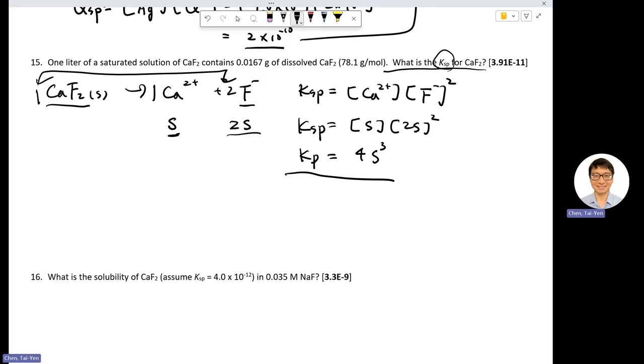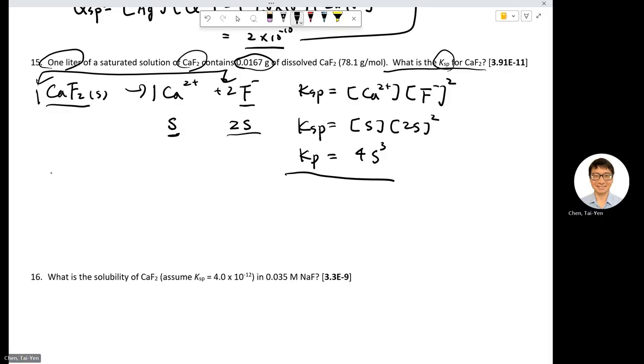Okay. So now the question is, can you compute the solubility from the information you got from the question, right? So what it says is you have that much of this species dissolved in 1 liter, right?